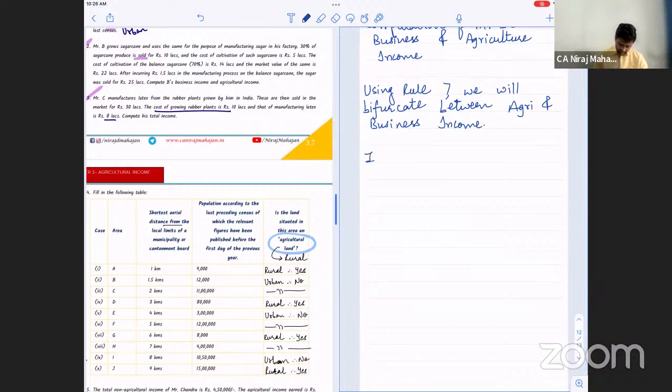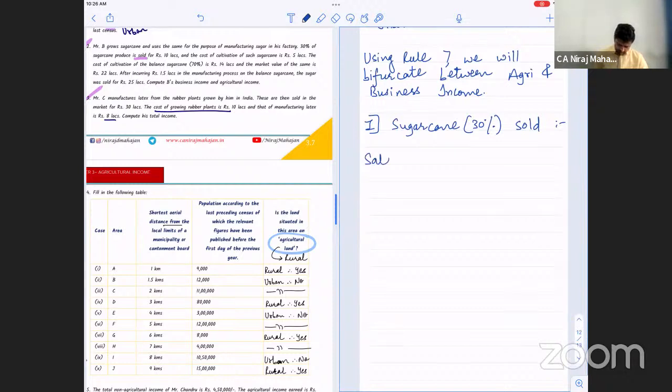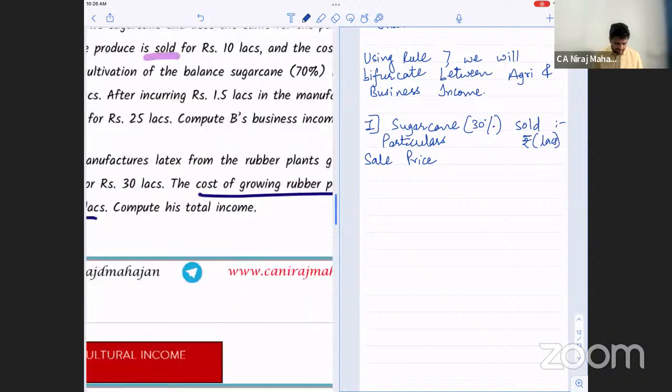First part I'm taking: sugarcane, which I'm talking about, 30% sold. Is it okay? So simply, sale price, whatever, rupees in lakhs. This is what particulars in rupees in lakhs you can right now give. How much is the 30% sold for? 10 lakhs. Correct?